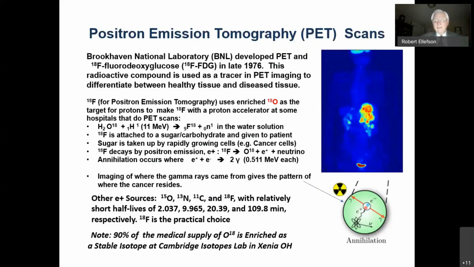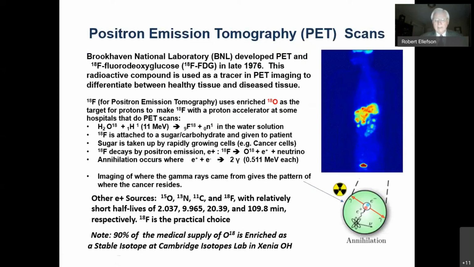So the positron emission makes it go back to oxygen-18. If you look in the lower left side here, you see that there's a positron emitted from the fluorine-18, and it finds an electron somewhere very nearby. In that process, the positron and electron come together and they annihilate each other. No kidding, this really happens.